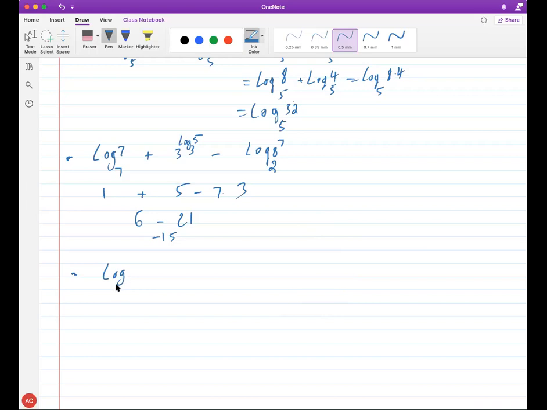Okay, so again, if you don't see the base, it's by default 10. So I'm not going to write the base here. I'm just going to say 2x minus log of 3 log, let's see, xy.